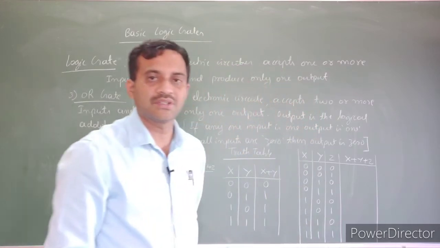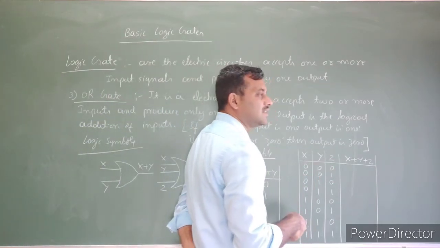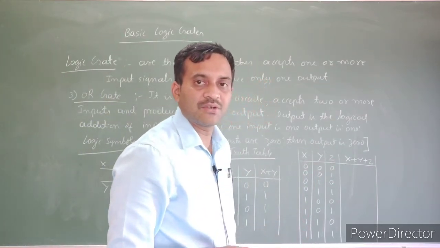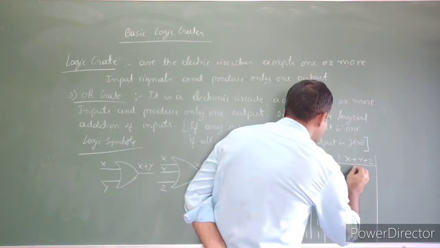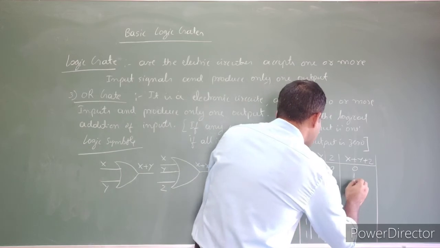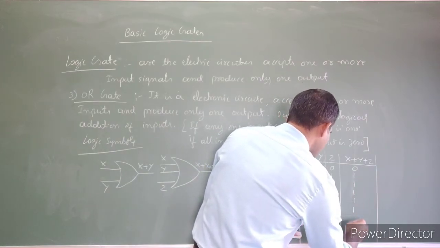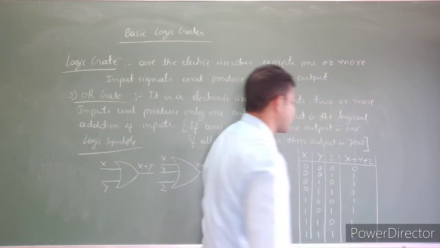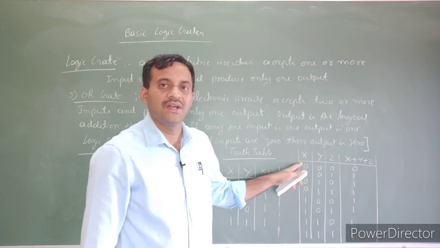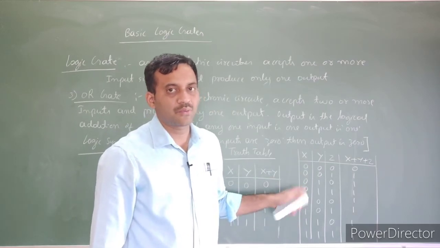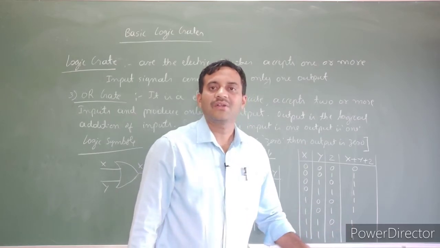So these are the possible combinations. See the output is logical addition. If any one of the inputs is 1, output is 1. So first one is 0, then all 1s. See, the first one has all inputs 0. Other than the first one, the remaining combinations have at least one 1 in the inputs. Hence 0, then all are 1.